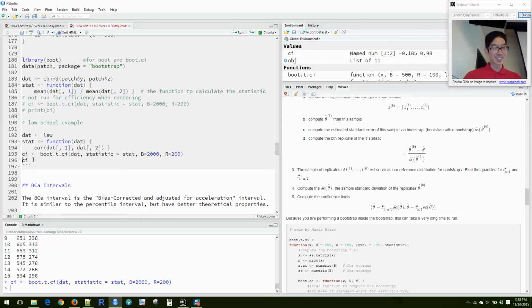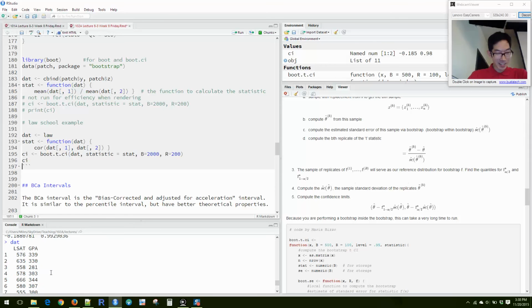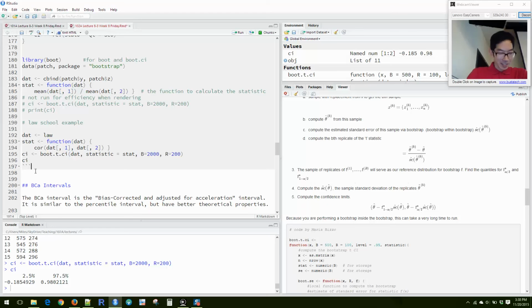I hate everything. Darn it. Okay. Yeah, I'm still getting something negative on the lower bound here. How can that be? Okay. I don't know what's going on.